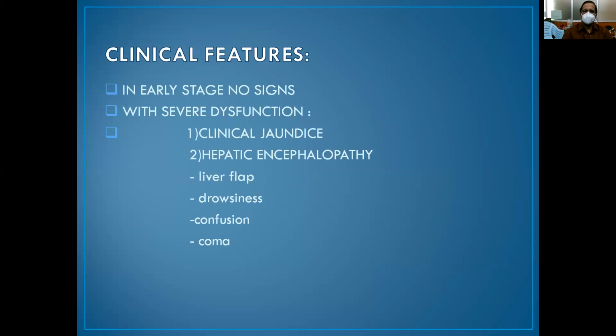Abnormal liver function tests rarely appear unless 70% of the liver is damaged. So there are two important clinical signs of liver failure, that is clinical jaundice and hepatic encephalopathy. These are the neurological manifestations of hepatic failure. And liver flap is very, very important. The patient has drowsiness, confusion, and coma.